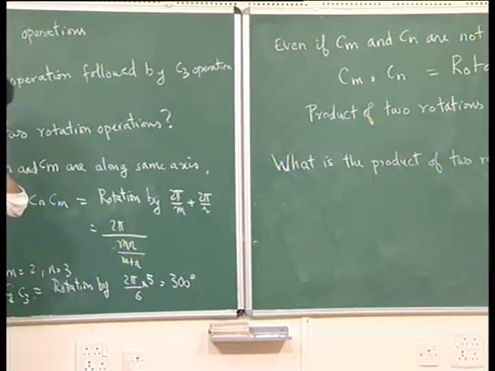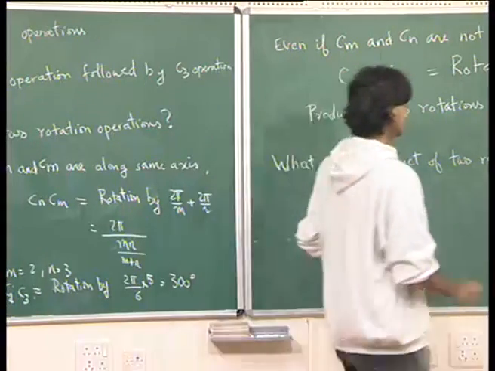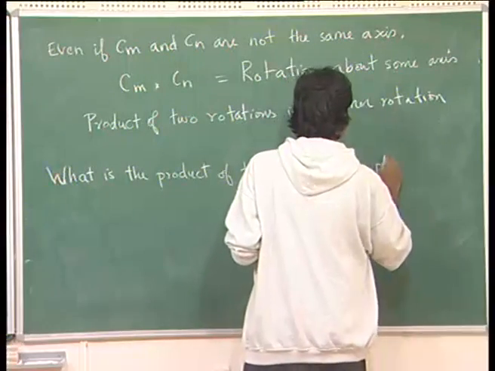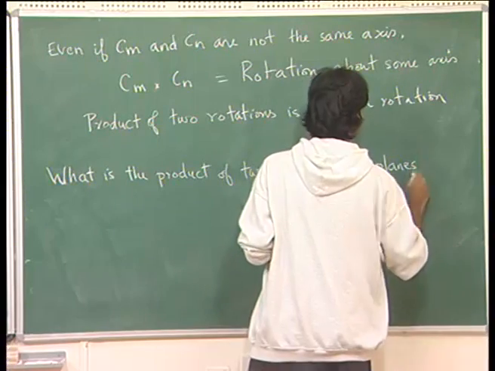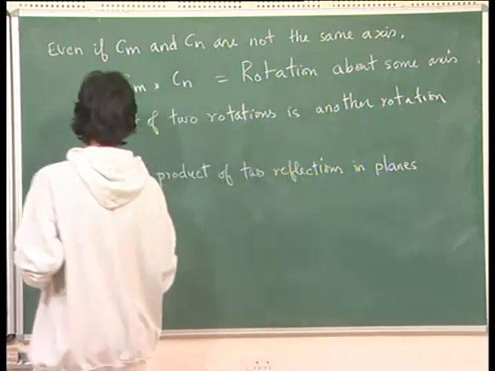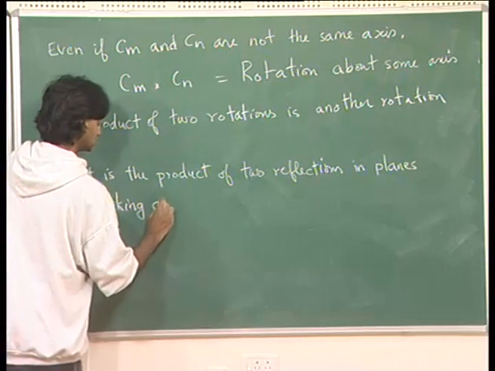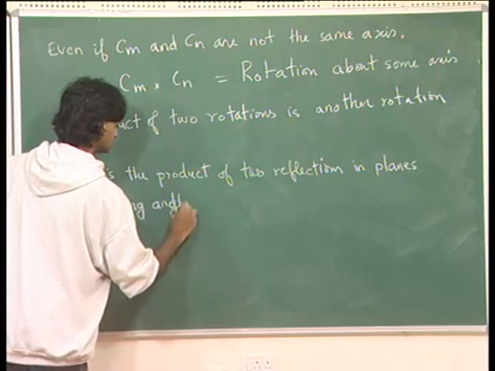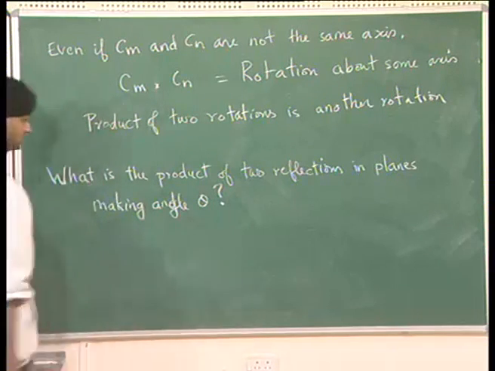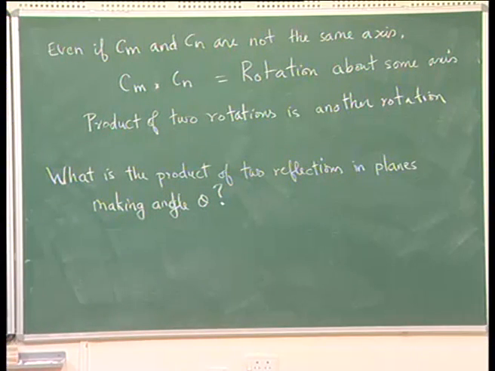If they are not the same plane, say planes making angle theta, so if you reflect about one plane and then reflect about another plane that makes an angle theta, what is the product of these reflections?